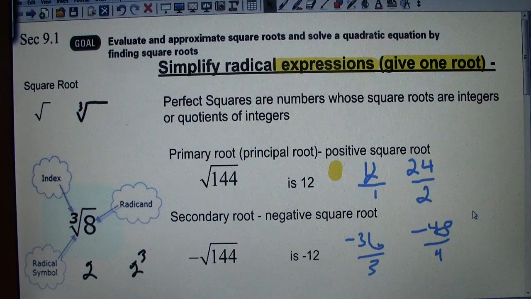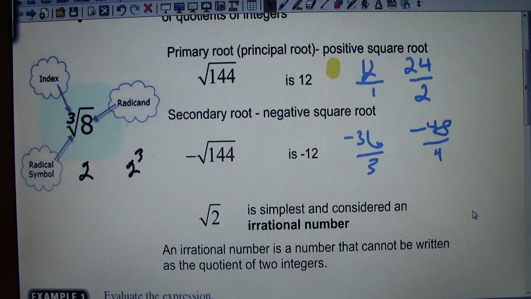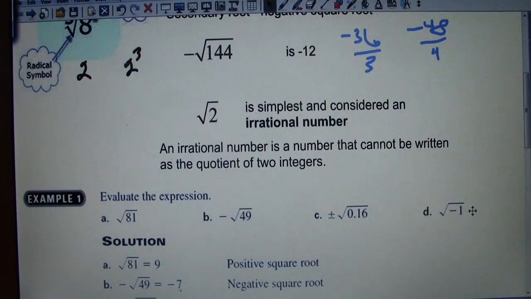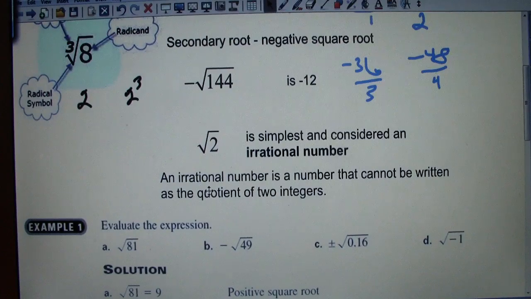So let's go ahead and move down to this next statement. If you look at the square root of 2, it is already in its simplest form. There is no number that I square to get 2. So therefore, this is the simplest form I could give this answer. And since it's not a quotient of two integers, this is called an irrational number.